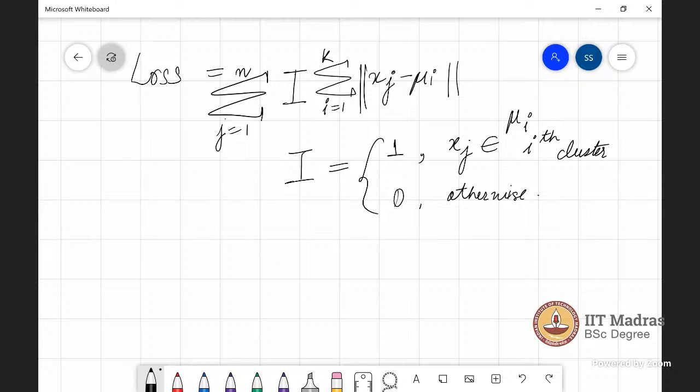Just by looking at that formula, can you tell me for what value of k this is always going to be 0? When the number of samples is equal to k. That is absolutely right.